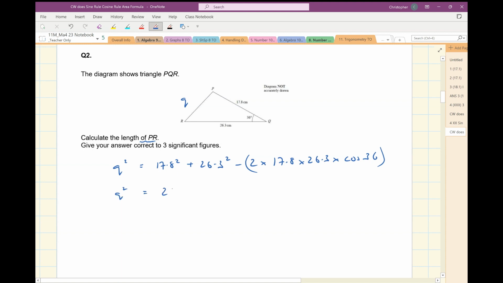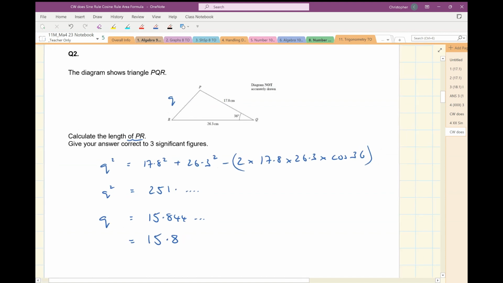Q squared is 251 point all sorts of digits. So if I square root that, I find that q is 15.844 and so on, which to 3 significant figures is 15.8. And in that case, I used the cosine rule again because I had 2 sides and the included angle.